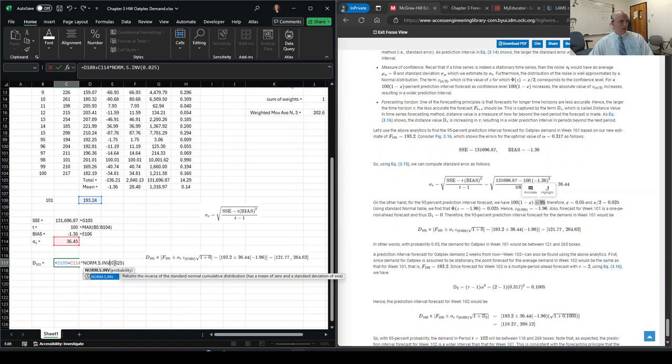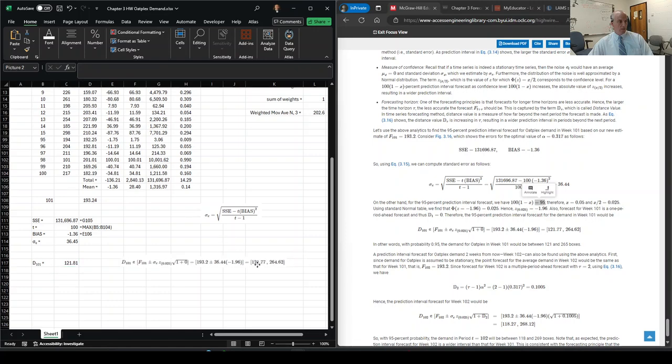We are inverting it. We're backwards engineering it. Right? We're going back into what that negative 1.96 is. So we're going to use the NORM.S.INV with the 0.025, and that's going to get us 121.81. That gets us pretty close to the book. Again, there's some rounding errors, which we've talked about before. We're using precise numbers. The book is not rounding.